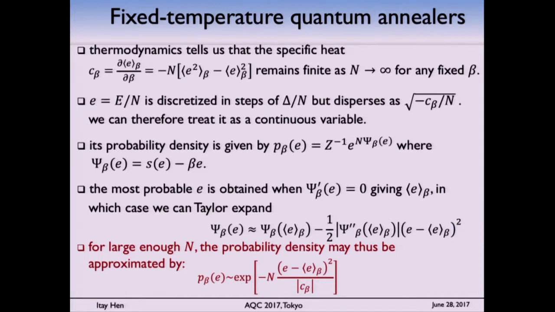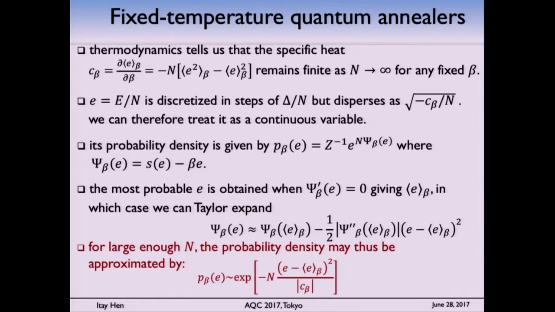So if we look at it as a continuous variable, then this is the probability density right there, given instantaneous thermalization, as I've assumed, where psi beta of small e is the entropy density minus beta e. This is, I know, trivial for everybody here, simple statistical physics.